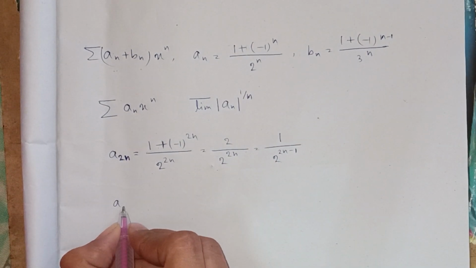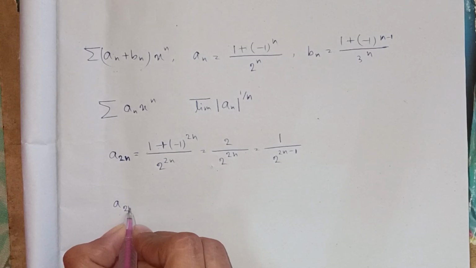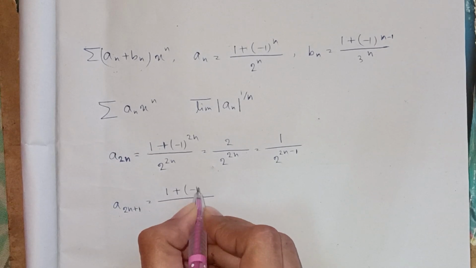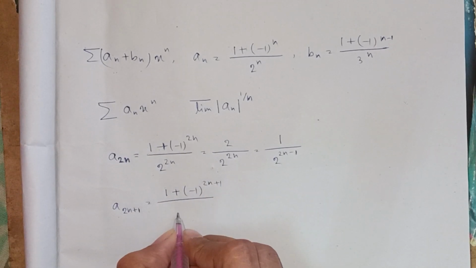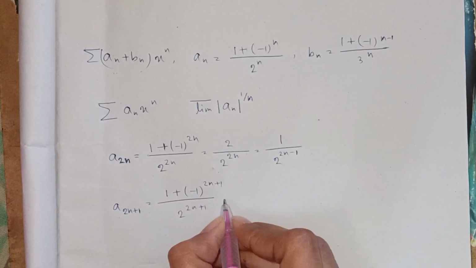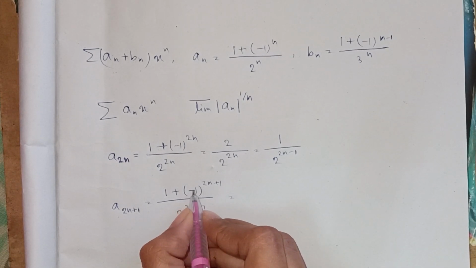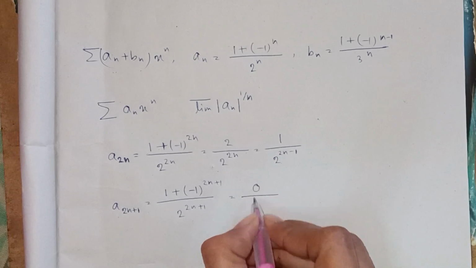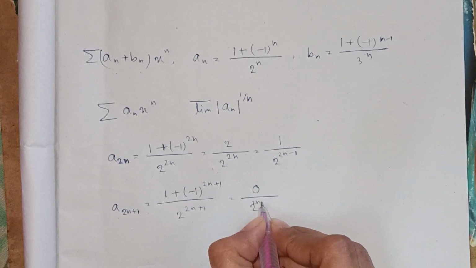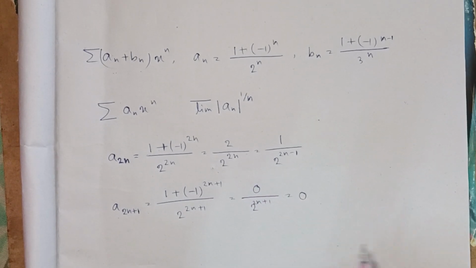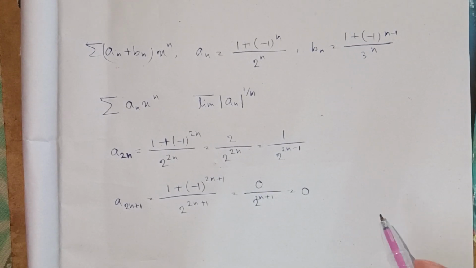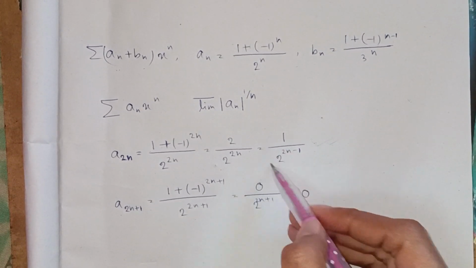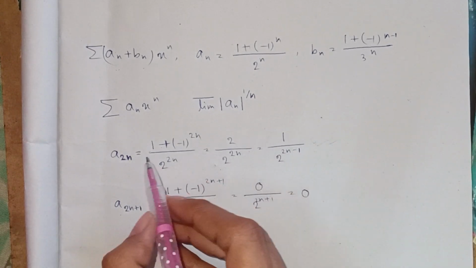And when the suffix is some odd number, which is 2n plus 1, we will write it as 1 plus minus 1 whole to the power 2n plus 1 over 2 to the power 2n plus 1. And we know that minus 1 whole to the power some odd integer is 0 over 2 to the power 2n plus 1, which is 0. Okay, so we have to find the limit for this subsequence whole to the power 1 over 2n.